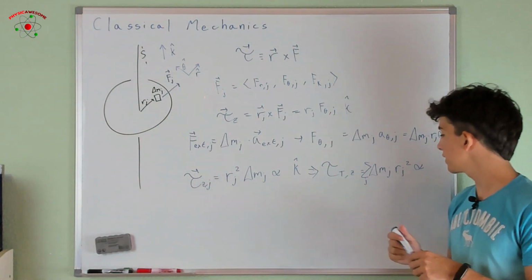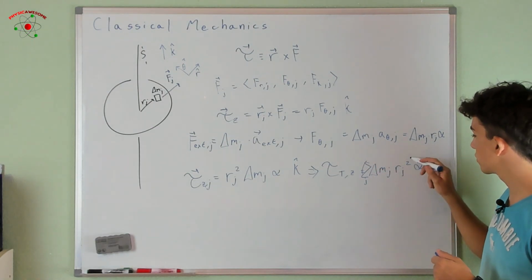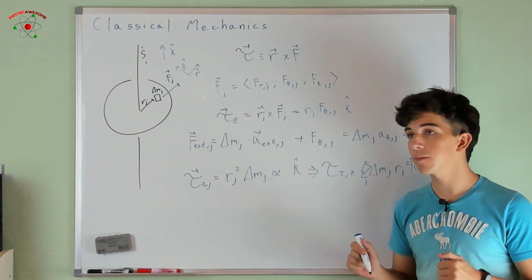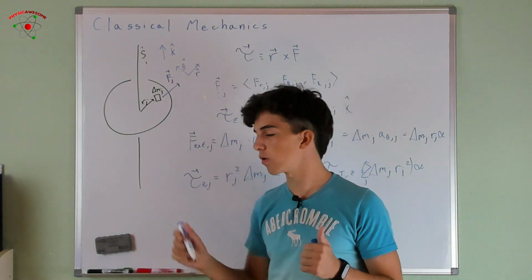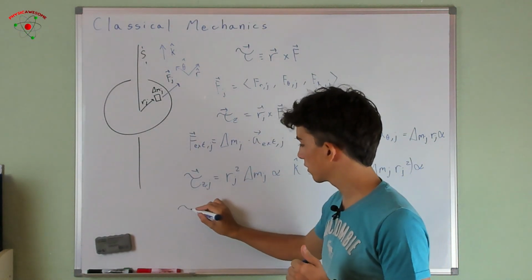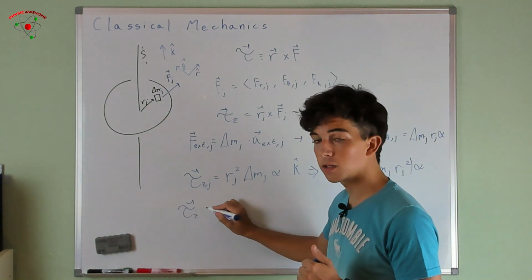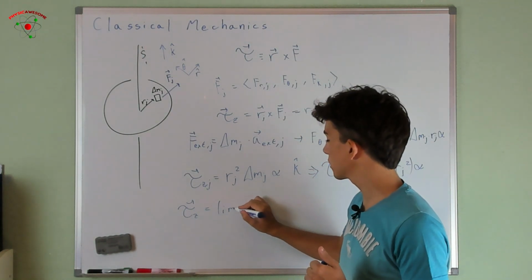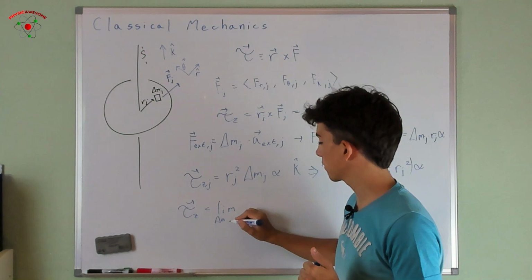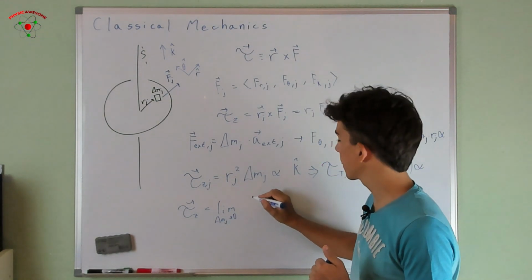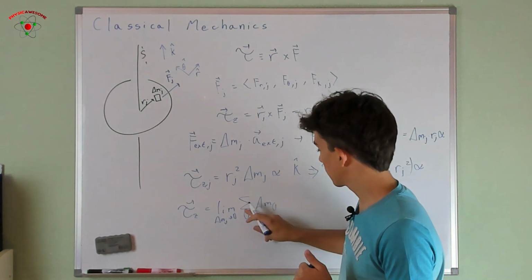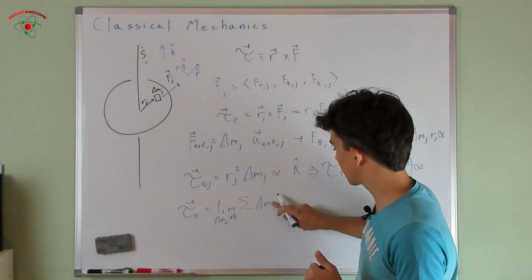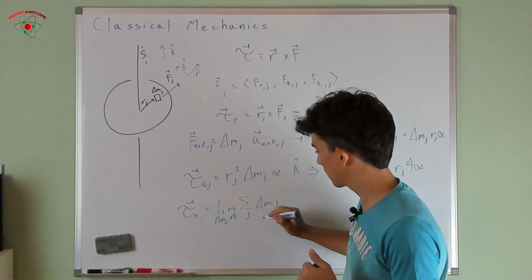Now, knowing this, what we are going to do is to take this and take the limit, as we did in the previous video, as delta m_j goes to 0. And if we do that, the torque in z goes to the limit as delta m_j goes to 0 of this sum from j of delta m_j.